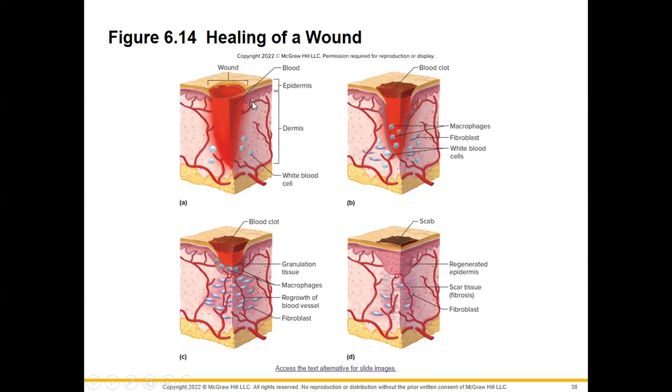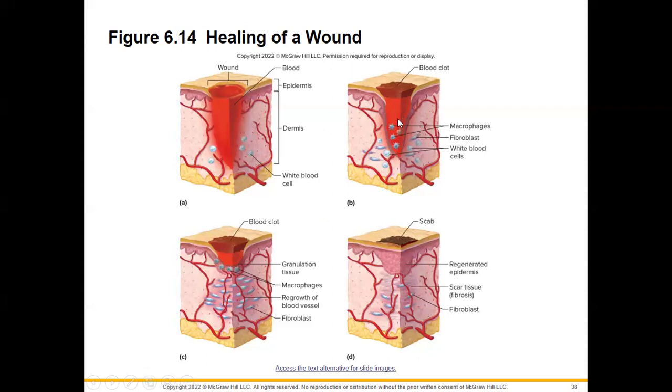These blood vessels have been damaged, and so you have blood that fills up this space. This blood is going to have your fibrinogen, your blood cells, and the platelets. On the surface where it's close to the air, it's going to form that clot so that you're not losing as much blood from the vessels that are still broken.